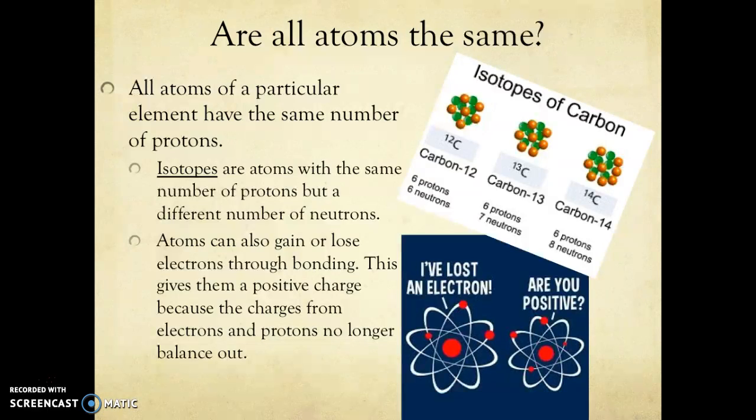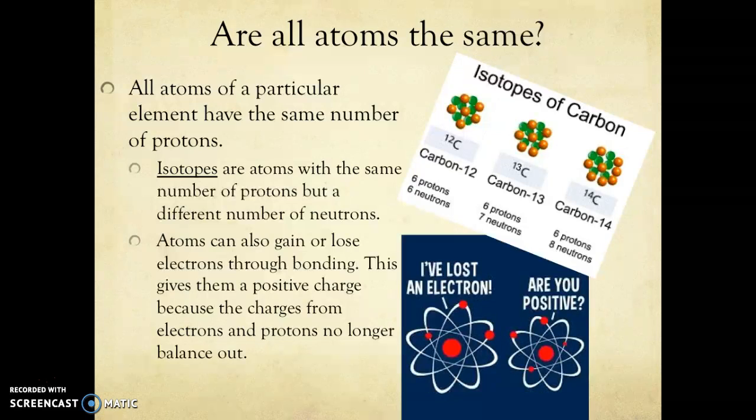Now, there's something called an isotope. And what an isotope is, it's basically another version of that element. So isotopes are atoms with the same number of protons, but a different number of neutrons.